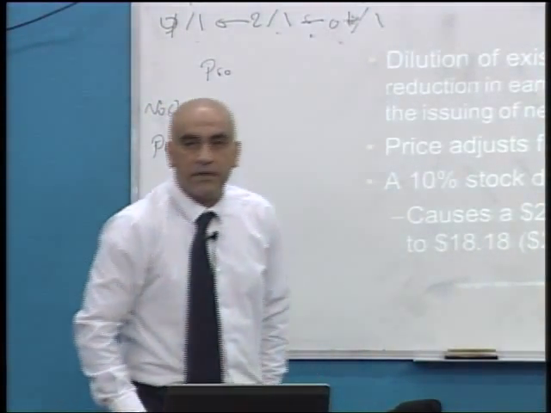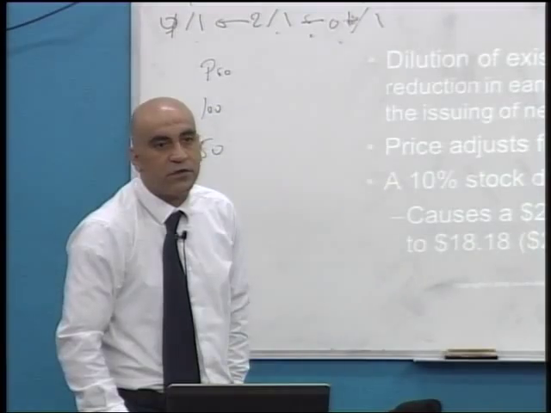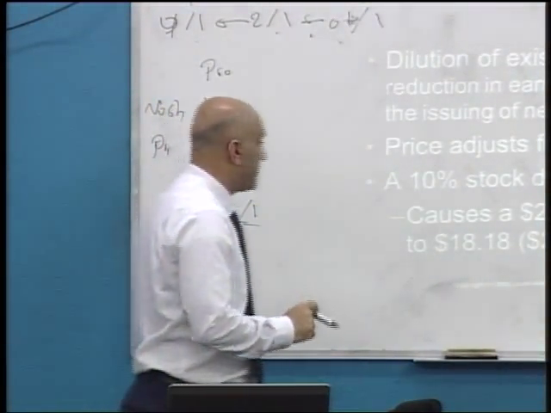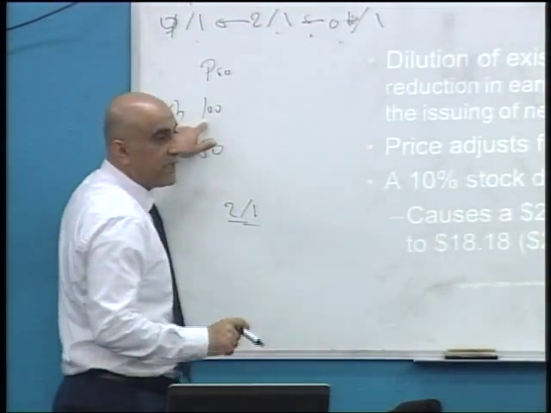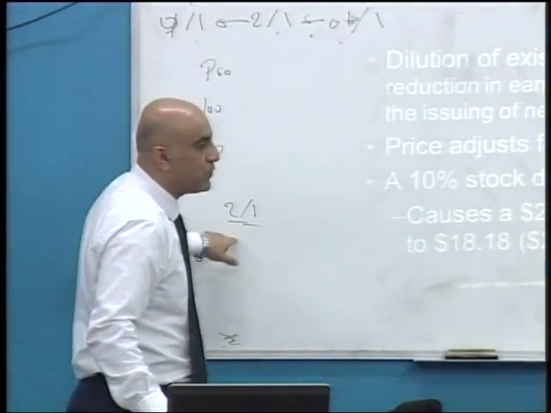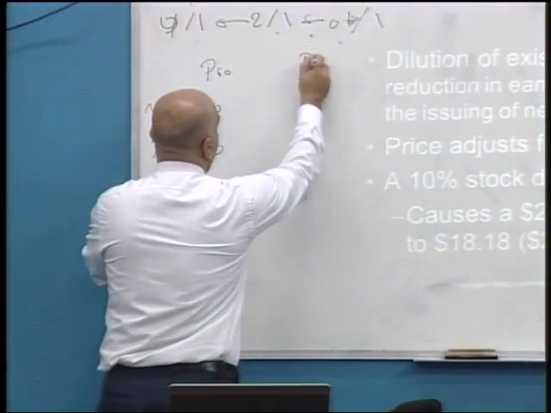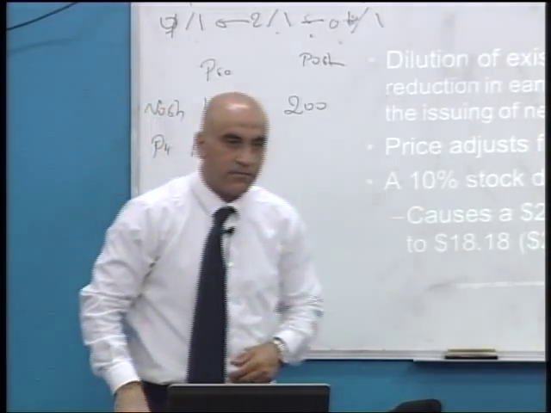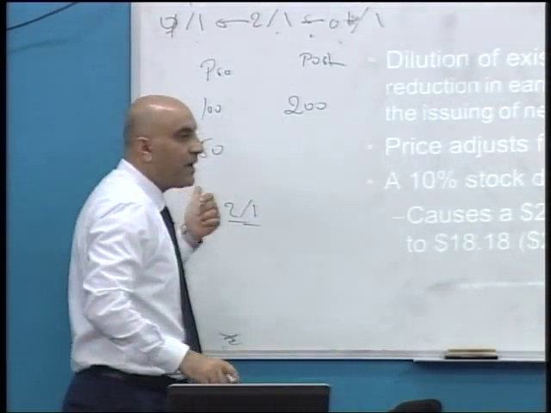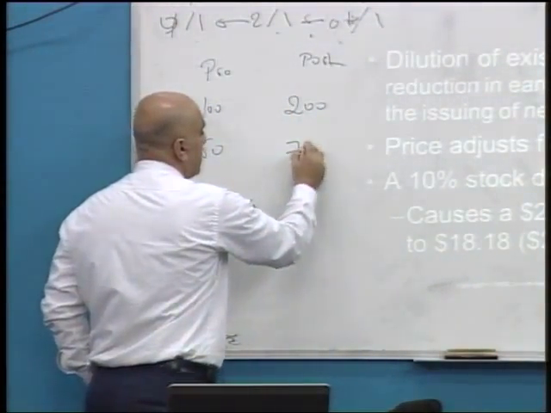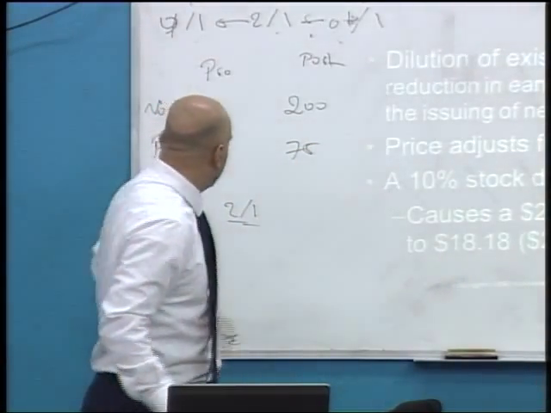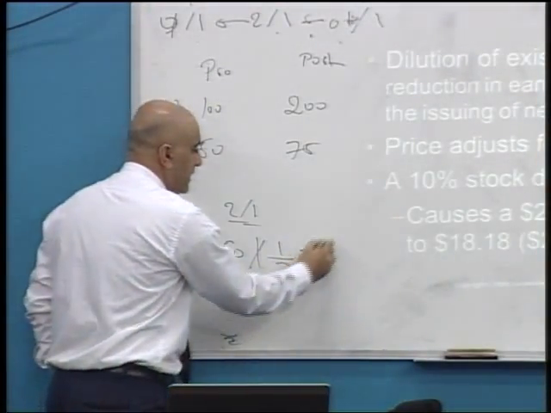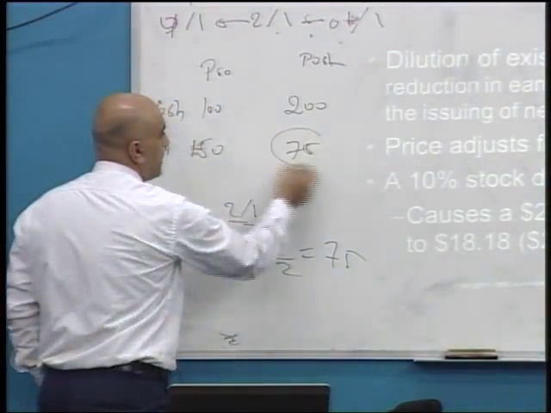If the company has a stock dividend of 1 to 2, it means the number of shares will be multiplied by 2. So in the post case we will have 200 shares, but the price drops to $75, because it's very simple: 150 times one half is $75.